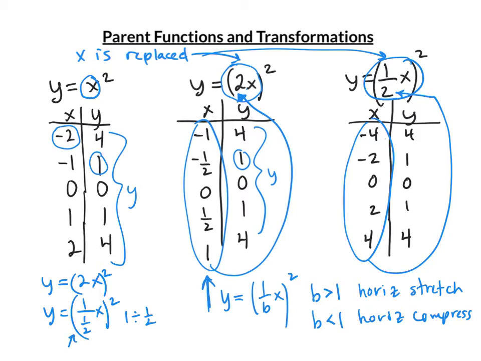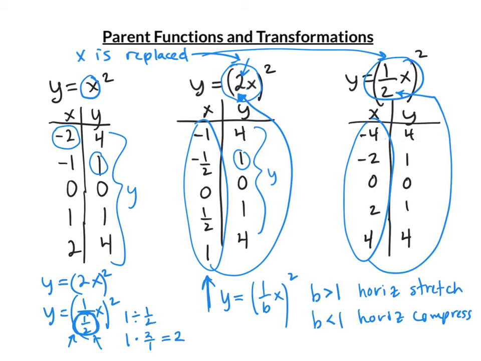Remember, when you divide fractions, you multiply by the reciprocal. It's actually 1 times 2/1, which ends up being 2. Whoa. That's what I got in those parentheses. And notice how my b, if I look at 1/b, that value of b right there is my b. It's less than 1. And that means it's going to be a compression.